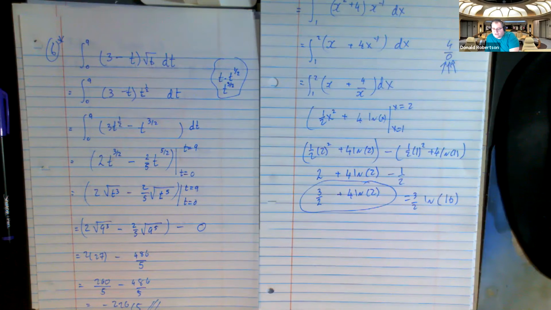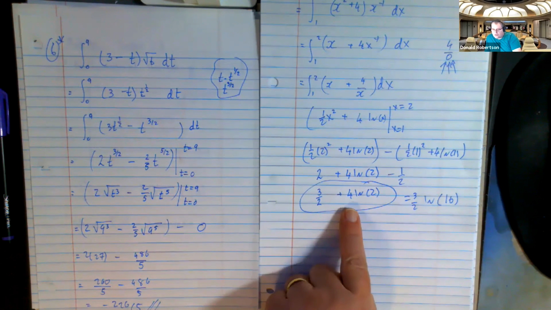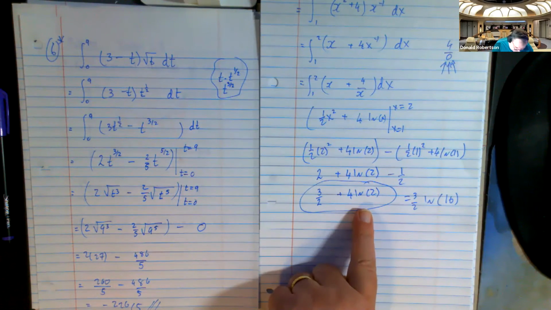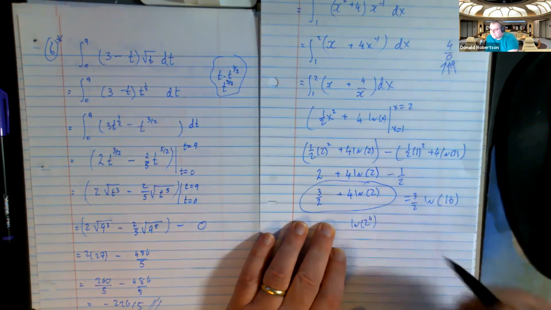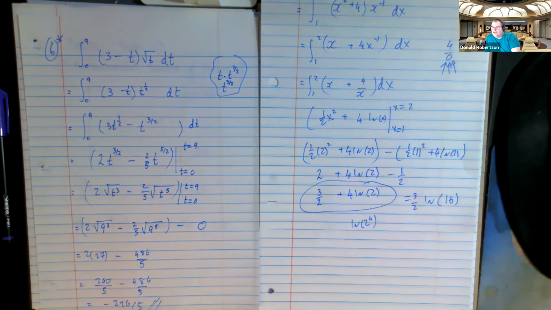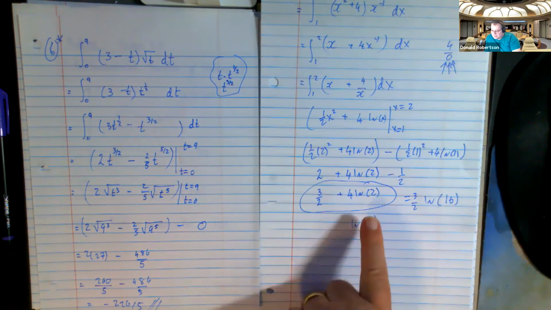And you might think, where did that 16 come from? Isn't 4 log 2 the same thing as the natural log of 2 to the power of 4? When 2 logs are added, you multiply. When 2 logs are subtracted, you divide. If you multiply a log by a number, doesn't it become a power? That's the third law of logs.